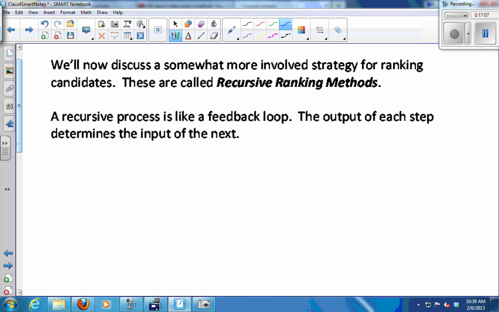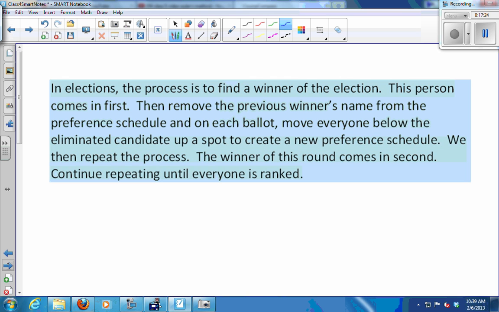Okay, so now we're going to discuss a somewhat more involved strategy for ranking candidates, and these are called recursive ranking methods. So a recursive process is like a feedback loop. The output of each step determines the input at the next. So in elections, the process is to find a winner of the election.